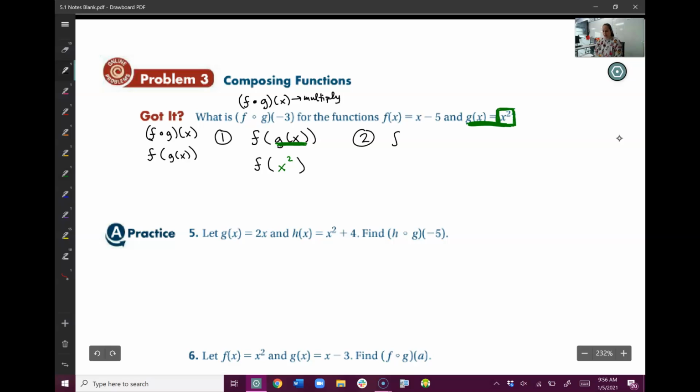My second substitution step is to now take this and substitute it into my equation for f.